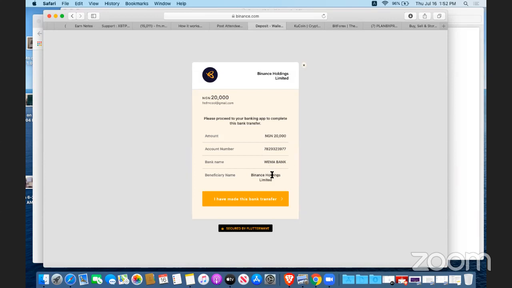Let me experiment so you guys see. Let me make the transfer. Making a transfer of 20,000 naira. Let's do it.